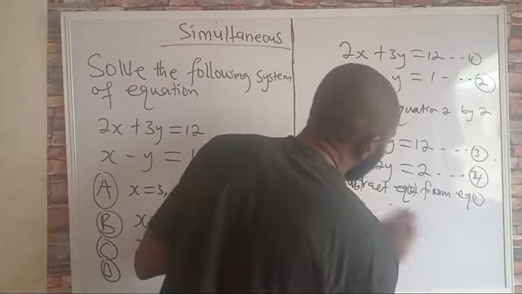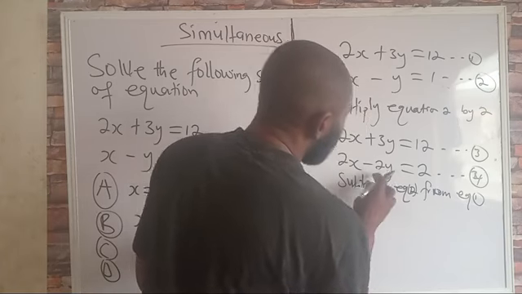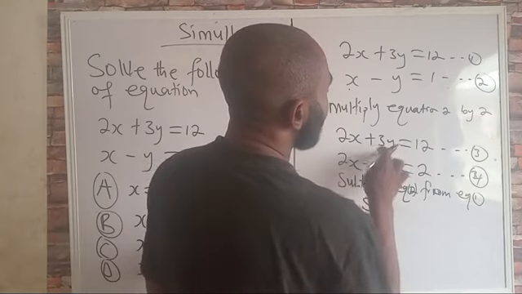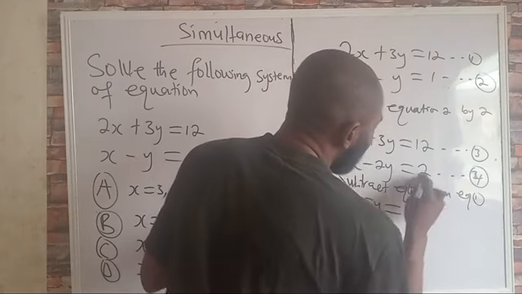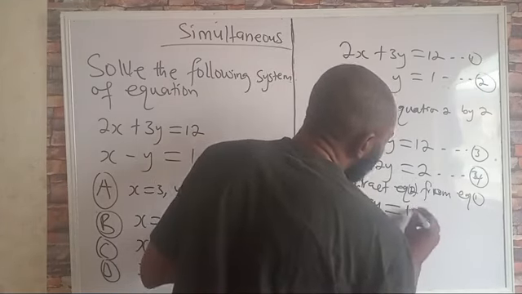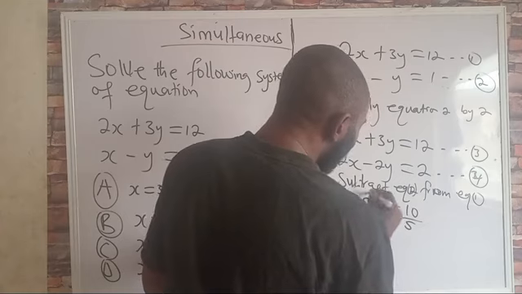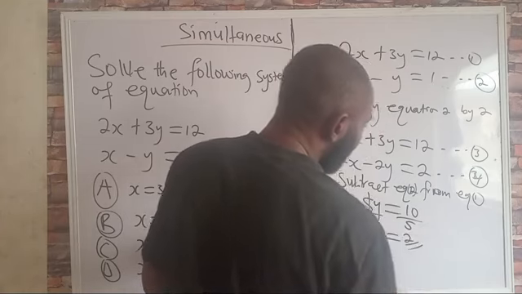Then 12 minus 2 will give me 10. I will now divide both sides by 5. 5 cancels 5. y is equal to 2.